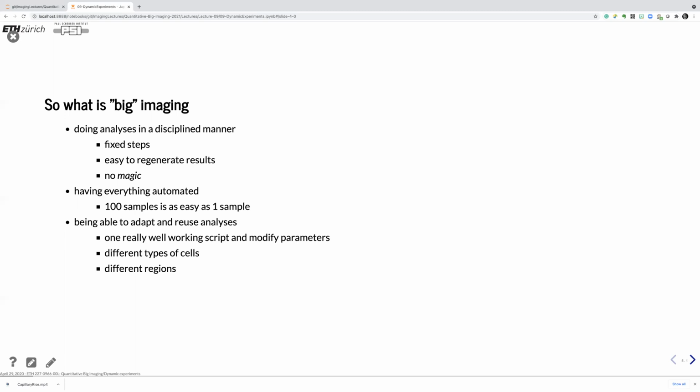But if you can reuse your code, then it's maybe possible to get up and running within 2 hours instead of a day, or even more, depending on what you are doing. So it should be easy to script, making everything scriptable. I touched on that a little bit last week, but we should also be able to handle different kinds of cells or different kinds of regions, and so on.